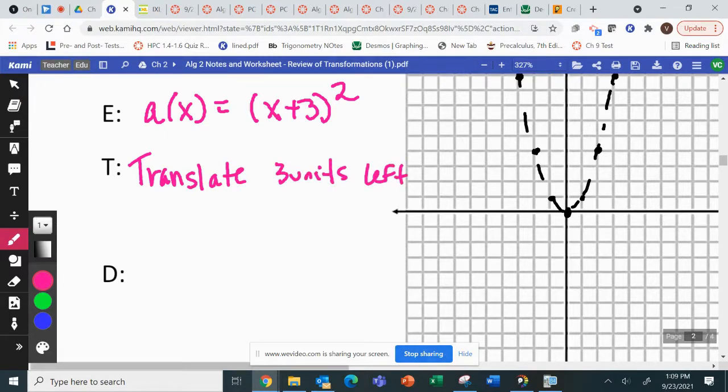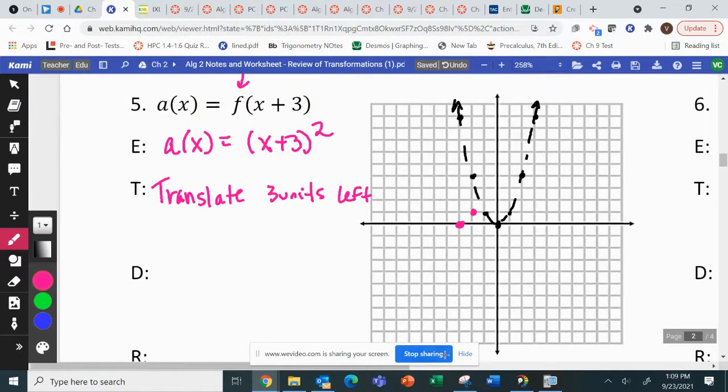So I'm not going to do every single ordered pair. I mean, I am, but I'm not going to count. I'm going to count one of them, 1, 2, 3, the vertex, and then I'm going to use my pattern that I developed. So 1, 1, 2, 4, 3, 9, or whatever pattern you are using.